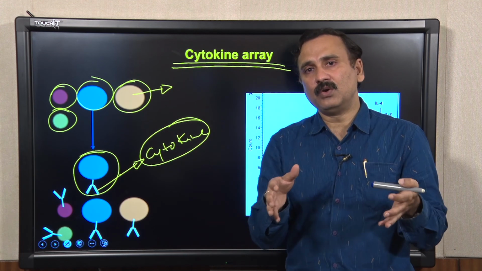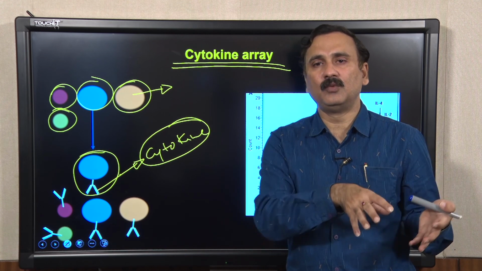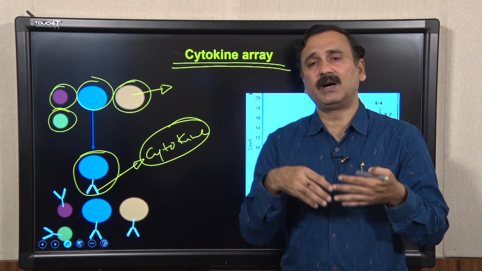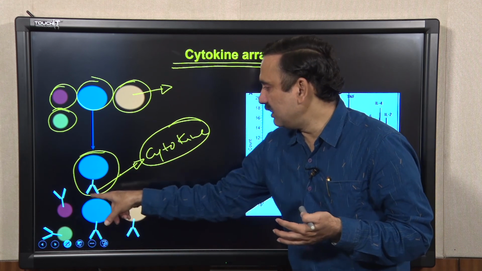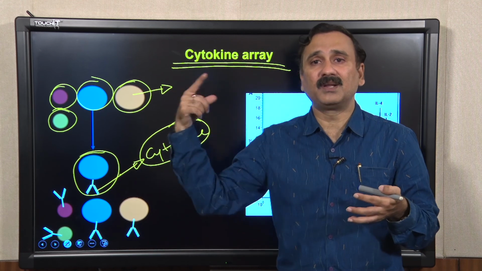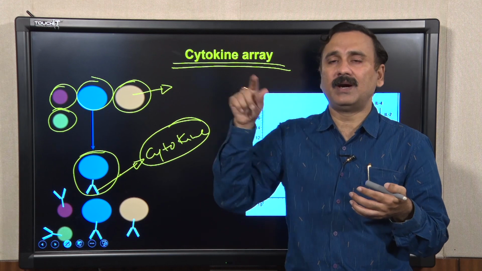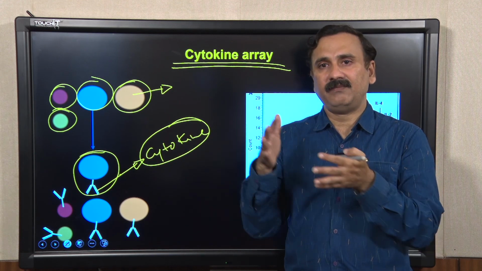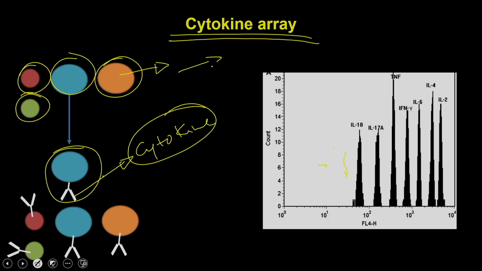Now, you incubate these beads along with the cell supernatant or the cytosol where you are interested in measuring the cytokines. These antibodies are going to bind their respective cytokines, and now you are going to analyze this in a FACS machine. The FACS is going to separate these beads based on the size as well as based on the fluorescence.